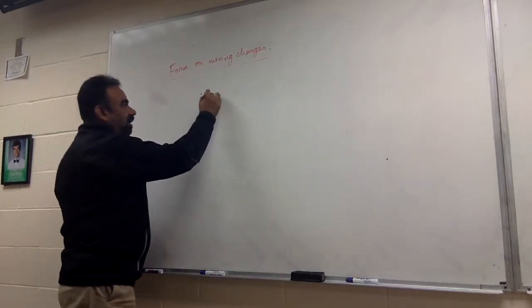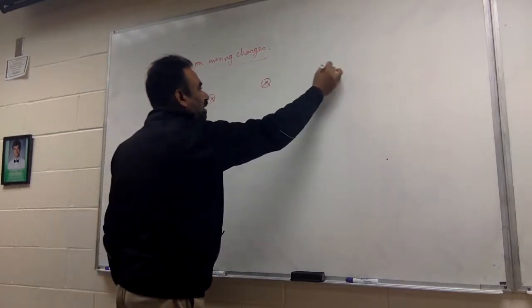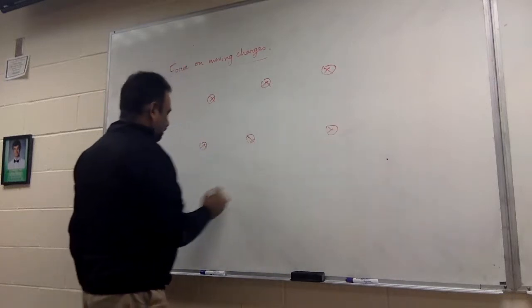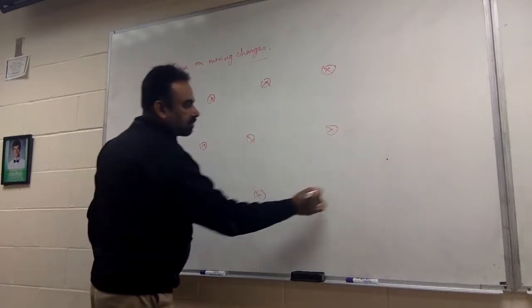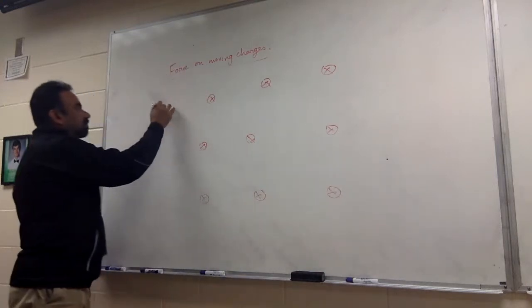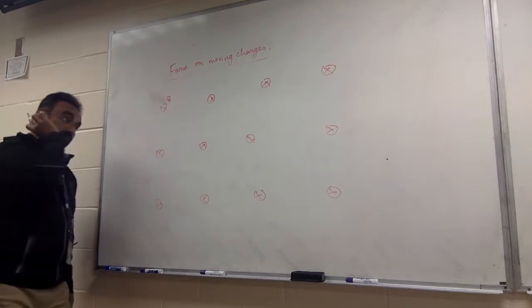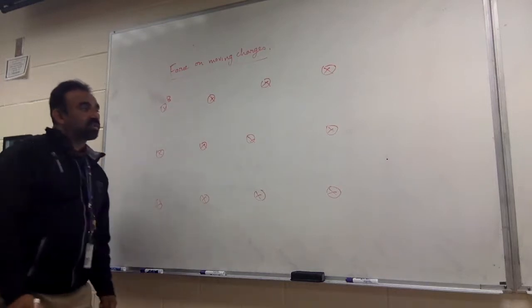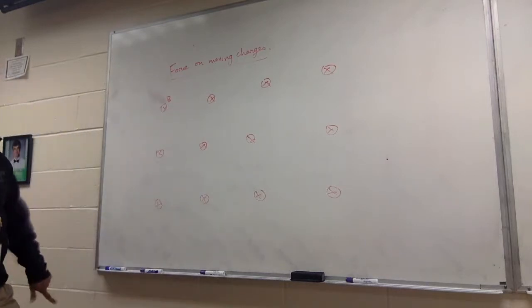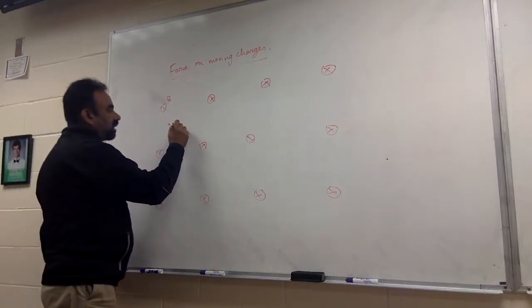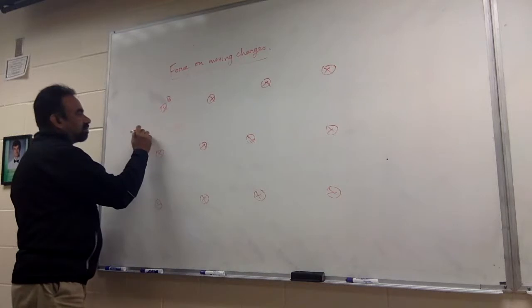So let's say, back again, there is a magnetic field into the board, and an electron is going that way or entering the magnetic field.